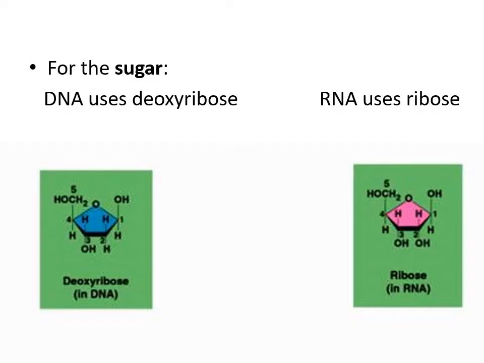The sugar itself, again, we could have the deoxyribose version, that's what DNA uses, and then there's the ribose version that RNA uses. And you'll notice that the difference is that carbon number 2 on DNA just has a hydrogen, whereas carbon number 2 on RNA has a hydroxyl group, and that's why deoxyribo is the DNA version.